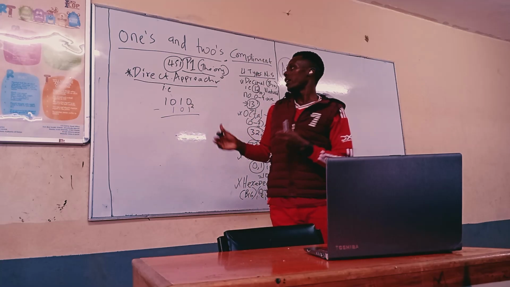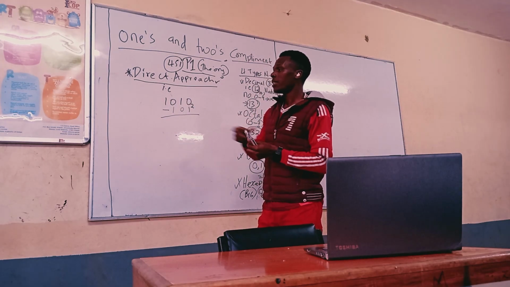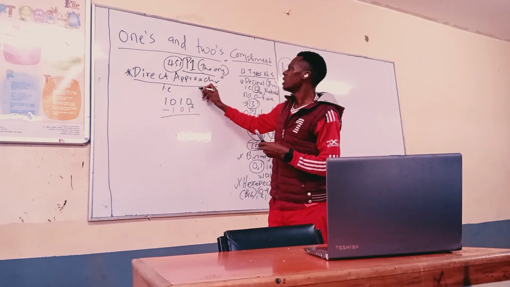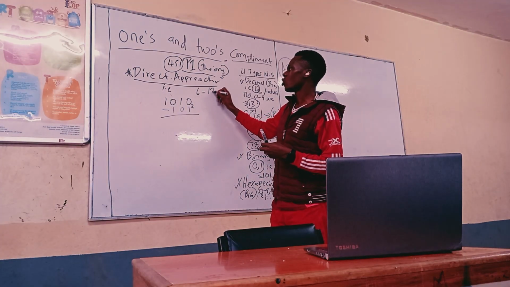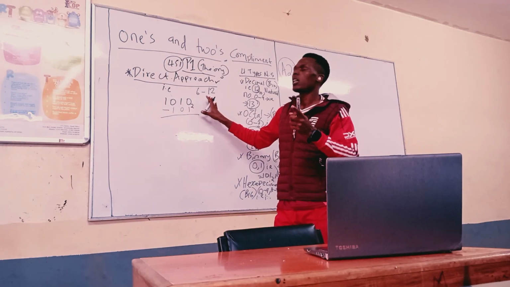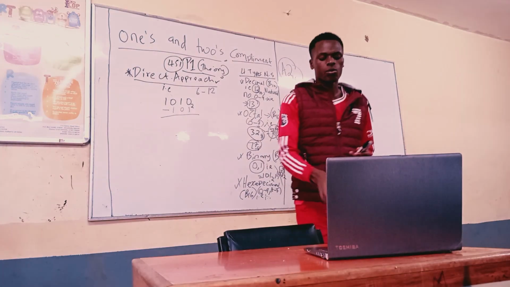The number being subtracted should be less than this one. Otherwise it is ambiguous; doing 6 minus 12 is not a nice subtraction. So always in the exams, they will have a smaller number subtracted from a bigger number.